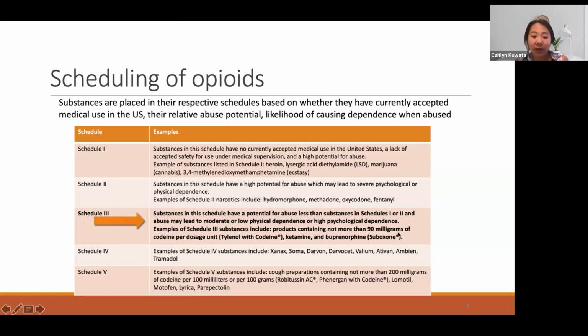Then we have Schedule 3, and this is actually where we have our buprenorphine Suboxone listed, along with ketamine and Tylenol with codeine. Schedule 4 would be like Xanax or Tramadol. And Schedule 5 are like cough preparations that have a lot lower dose of codeines. But as you can see, technically Suboxone as buprenorphine is a Schedule 3 medication. So potential lower risk for abuse compared to the Schedule 2s that we commonly are using all the time.